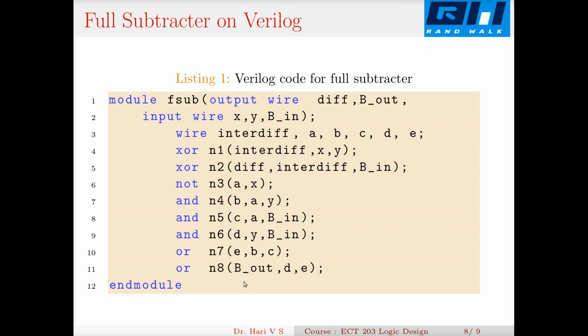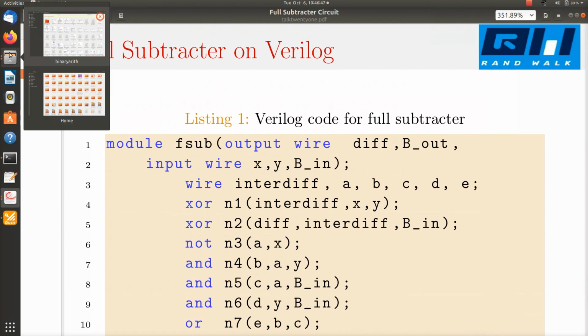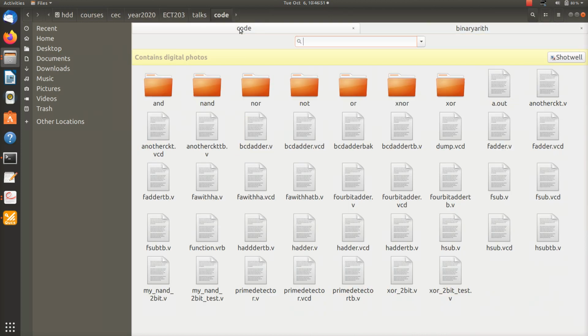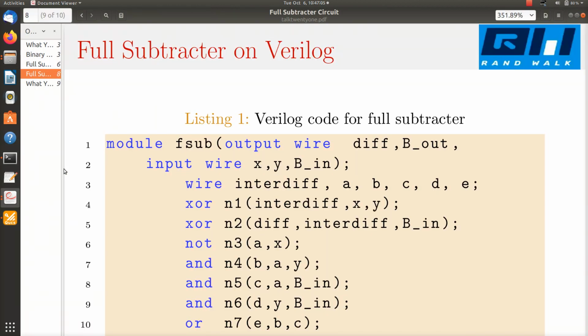And we will run this code with iVerilog. Name of the file was fsub.